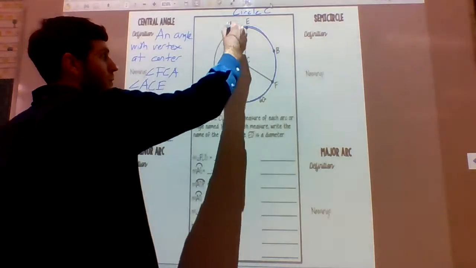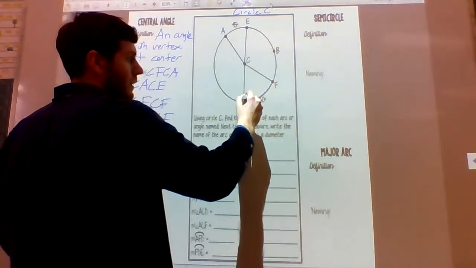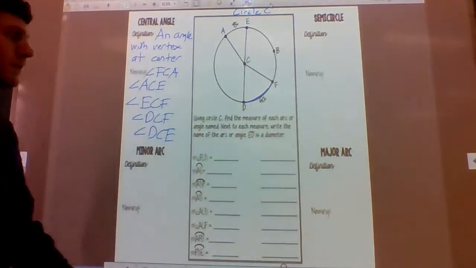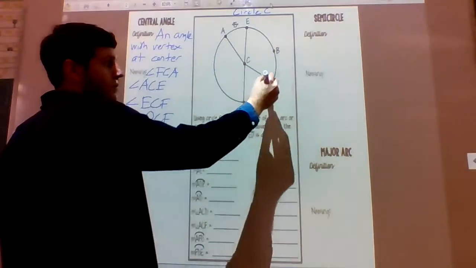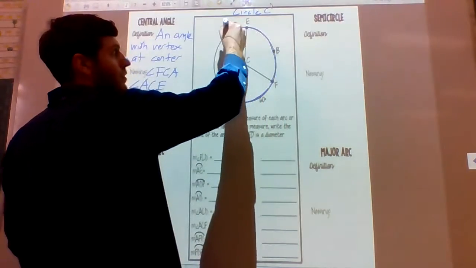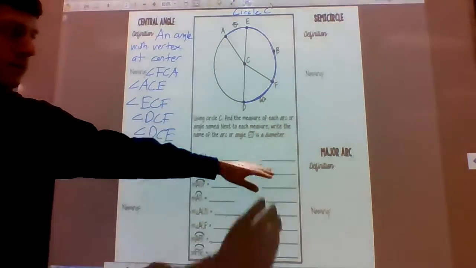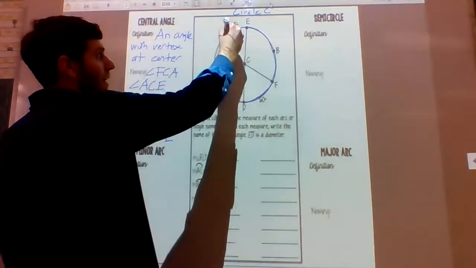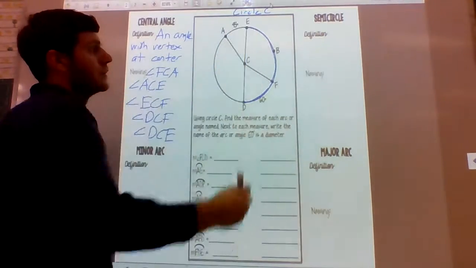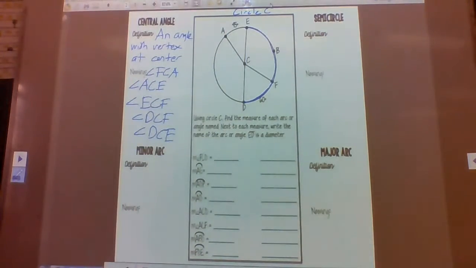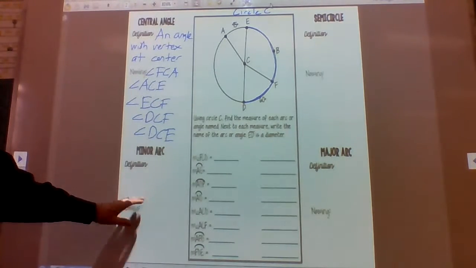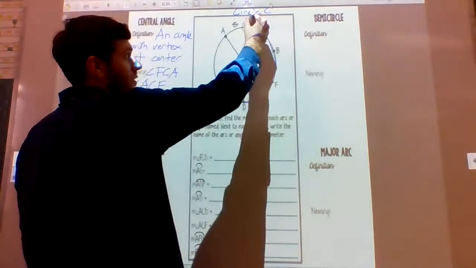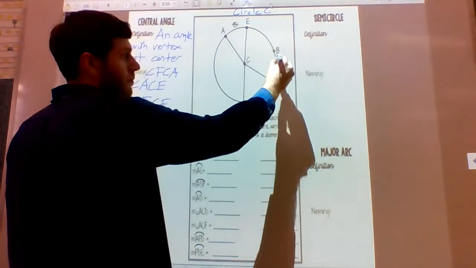So if we just take a part of our whole circle, for example DF, that's going to be called an arc. If that arc is more than half of the circle, then it's going to be a major arc. If that arc is half the circle, that's going to be a semicircle. And if that arc is less than half, then it's going to be a minor arc.